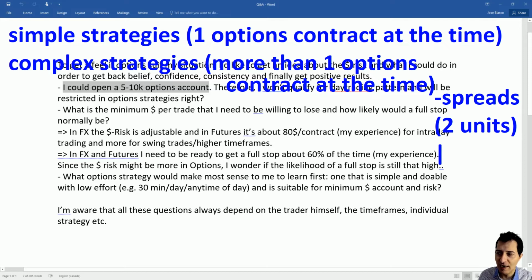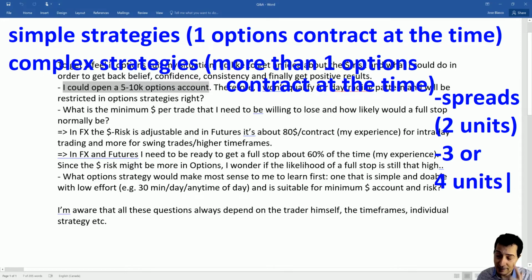Or you can also have the very complex spreads, which you can certainly call spreads, but normally people would not call them that. They would just use their name, such as iron condors, iron butterflies or butterflies, and those are 3 or 4 units each time.